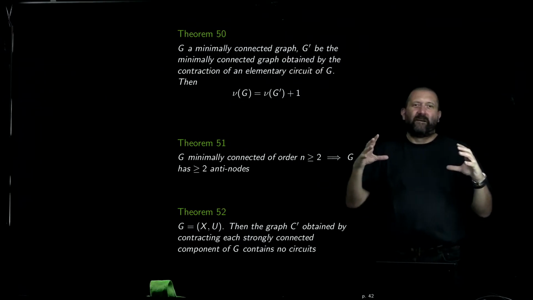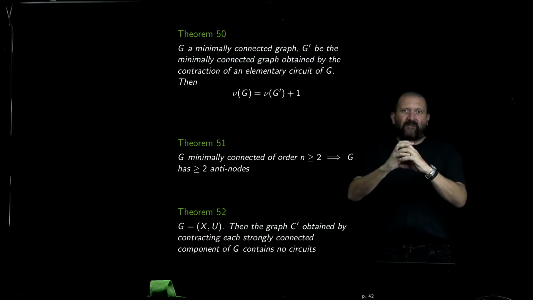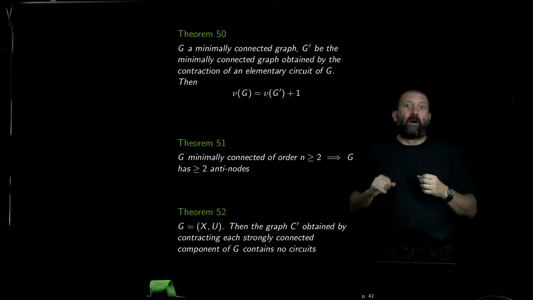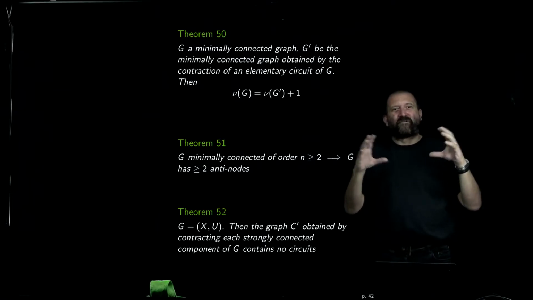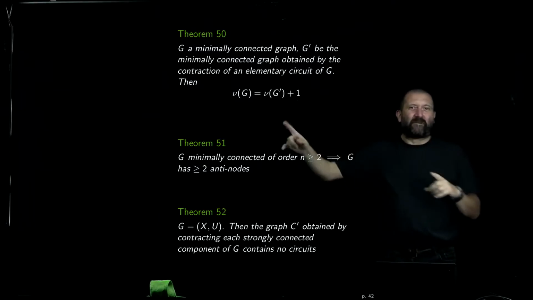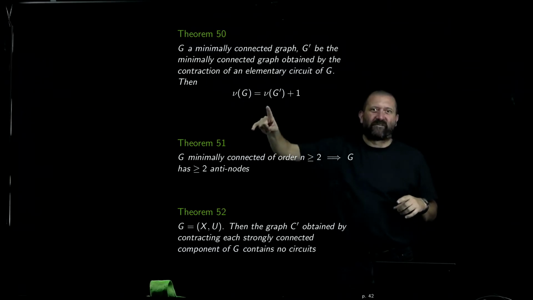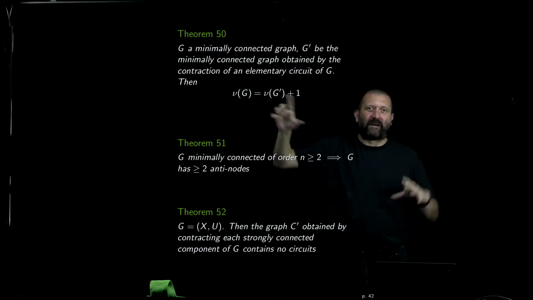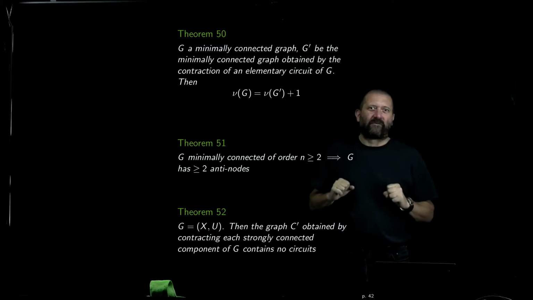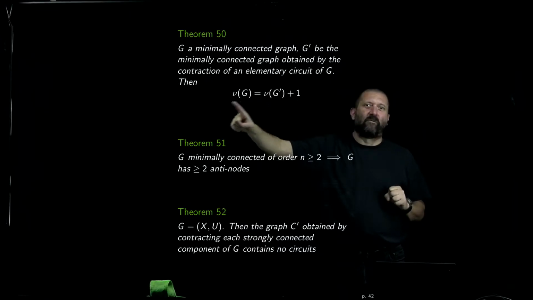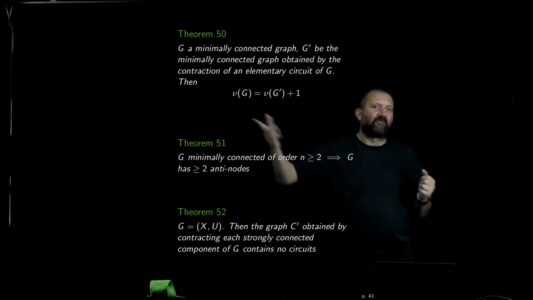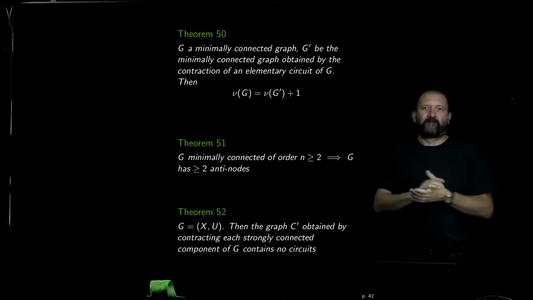So essentially, we contract an elementary circuit, and that gives us a graph that has cyclomatic number just one less. You can think of it the other way around. So G prime is that graph that I obtain when I contract my elementary circuit. Then G prime has cyclomatic number nu of G minus 1. Okay, you can think of it that way.